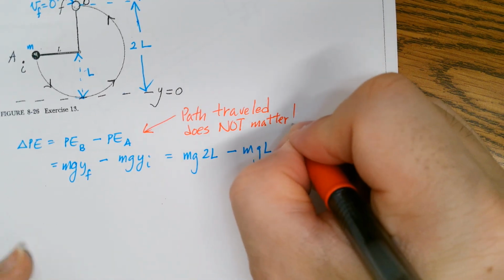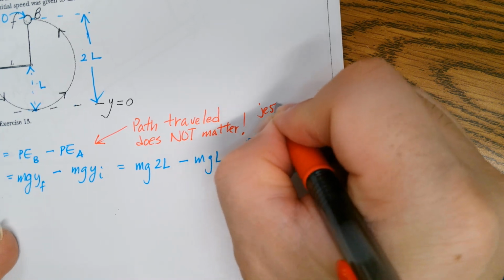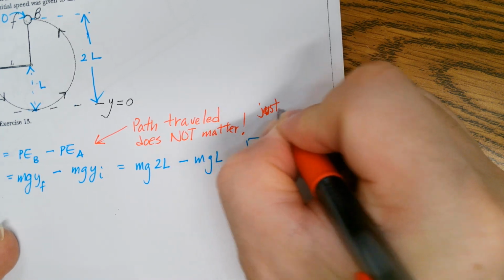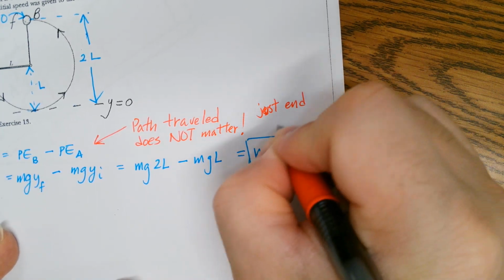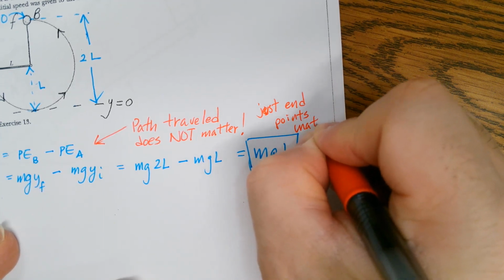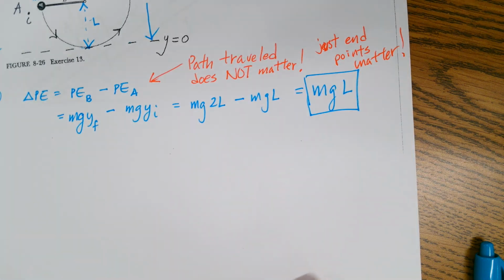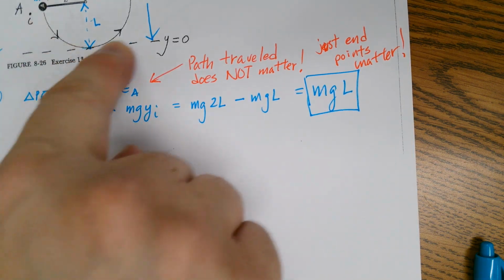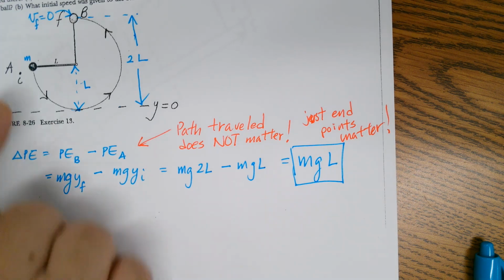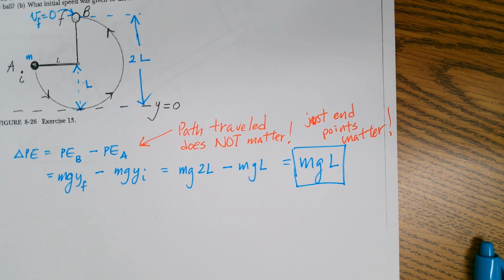Just endpoints matter, okay? So all this path doesn't mean anything. It's just where do you start and where do you end up? And how much height has changed.